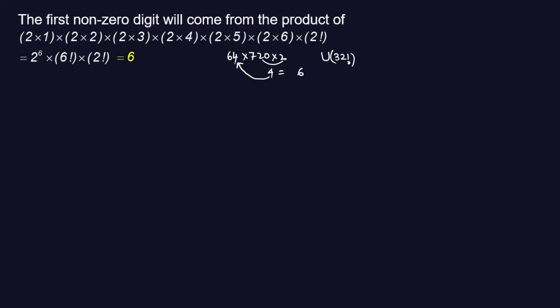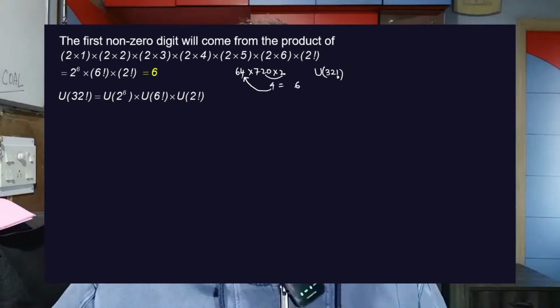So in our problem, we got that U of 32 factorial is basically U of 2 to the power 6, because we have calculated the last non-zero digit from 2 to the power 6. Then we have calculated the first non-zero digit from factorial 6. And then we have calculated from factorial 2.